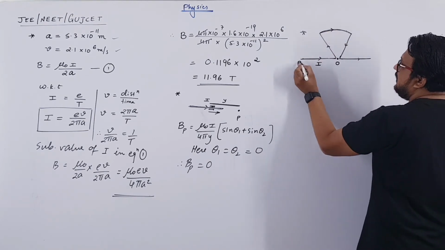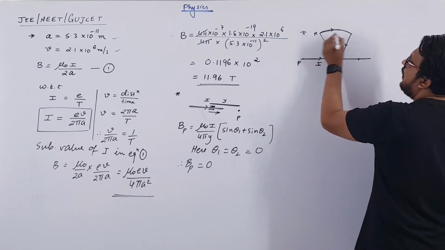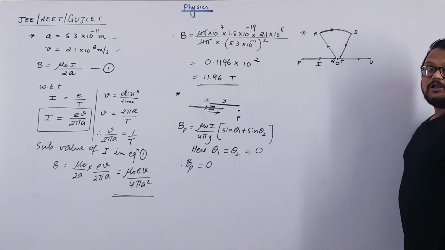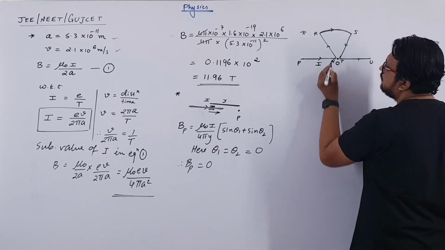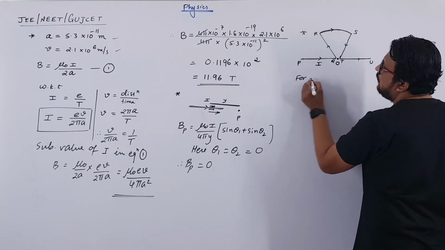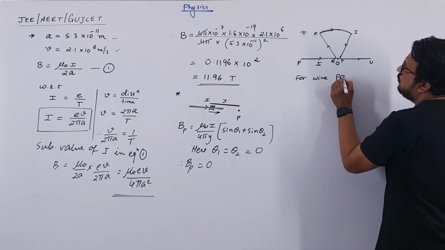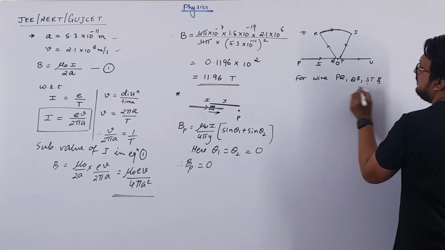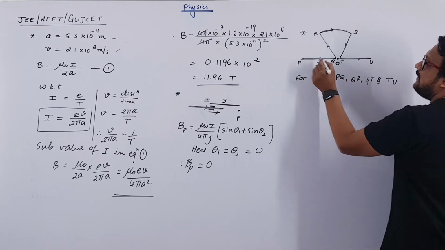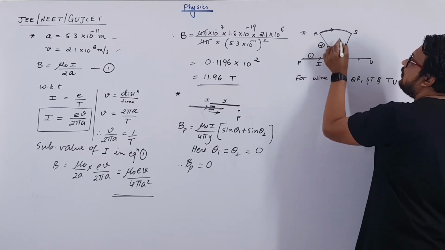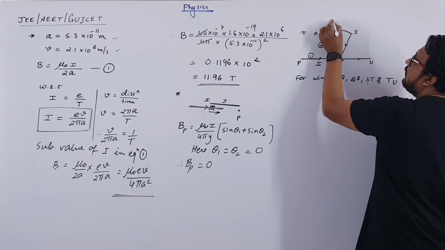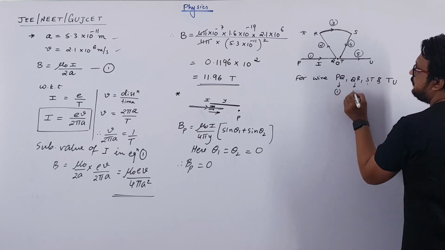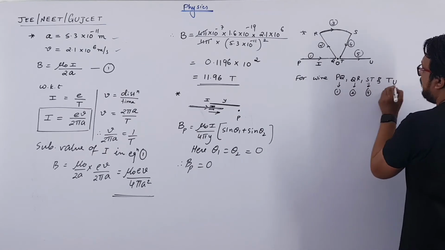Let us say this is P, Q, R, S, T and U for this wire. So clearly you can see that point O, for wire PQ, QR, ST and TU, for this wire, let us say wire 1, 2, that is, this is wire 1, wire 2, wire 4 and wire 5.